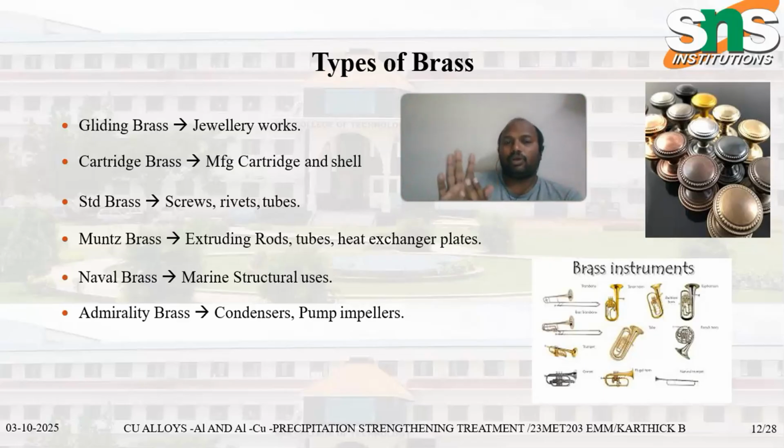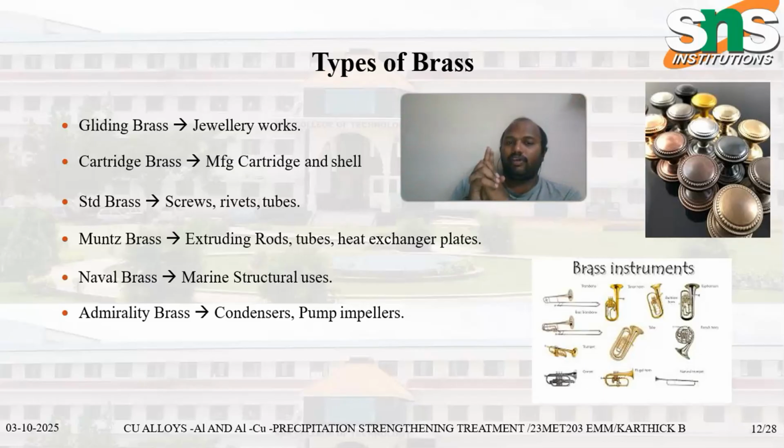The next type of brass is naval brass. As its name indicates, it is used in marine structural uses. If a ship sails in marine water, which is salt water, it easily corrodes the materials.